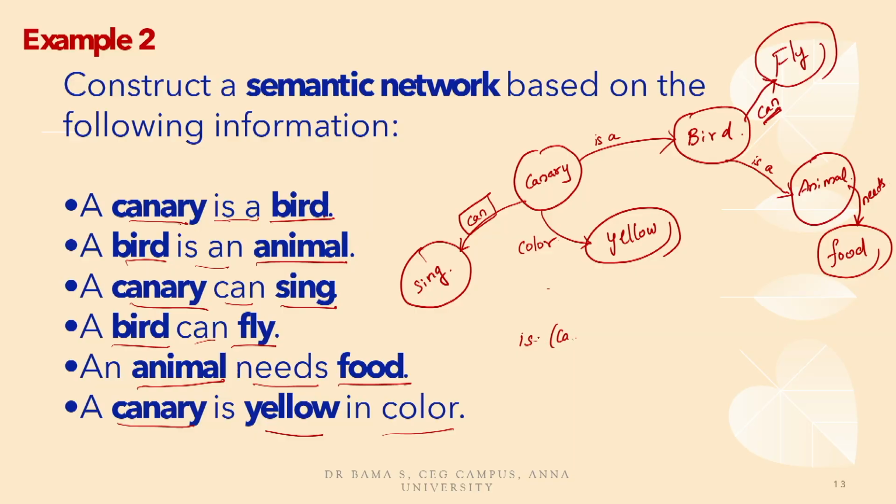So, this is how we will construct the semantic network, and again the representation of it. If we represent it as predicate logic, instead of writing is canary bird, we will just write bird of canary. Second, animal of bird.